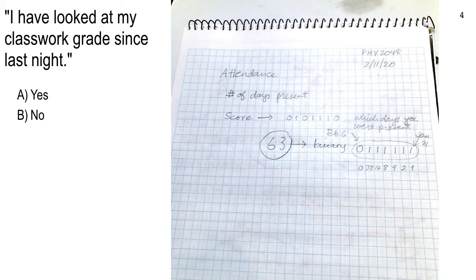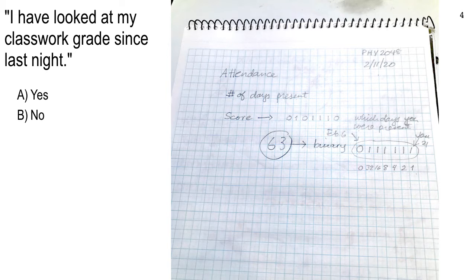Okay, attendance. I have two numbers for attendance. One is the number of days that you were present, so that's a number between 0 and 7.